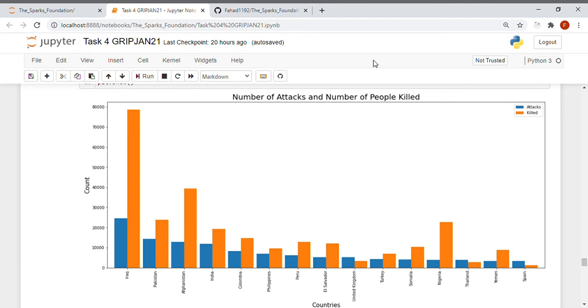Number of attacks and number of people killed: we can see in Iraq, more than 20,000 attacks have happened, in which around 80,000 people have been killed. It's a massive number. We can see how deadly the violence has been there in Iraq after the post-Saddam period.